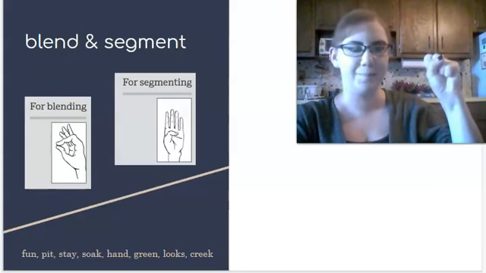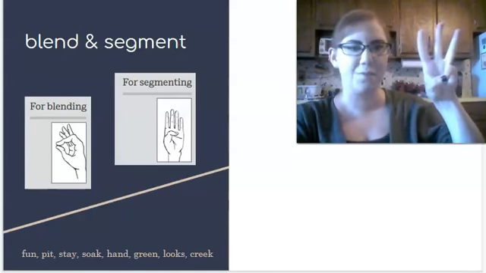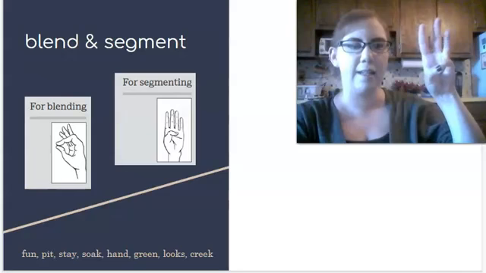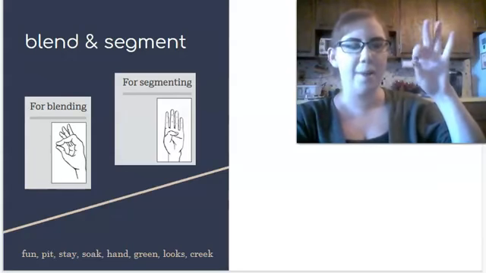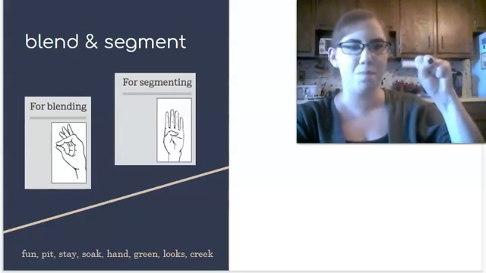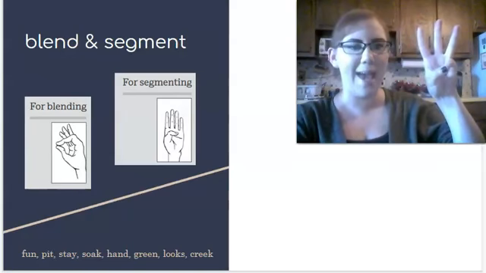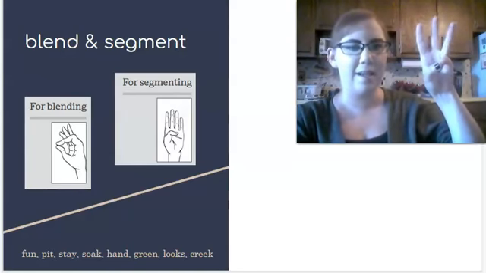Fun. 3 fingers for fun. Pit. 3 fingers for pit.